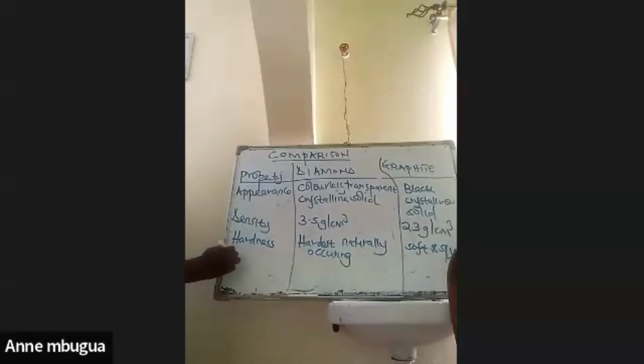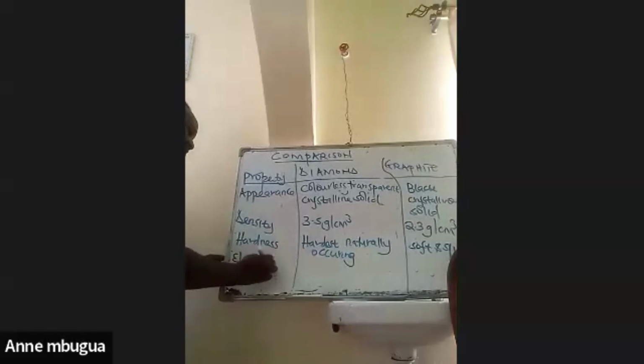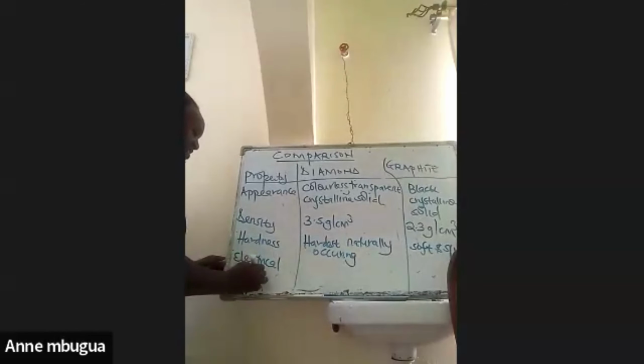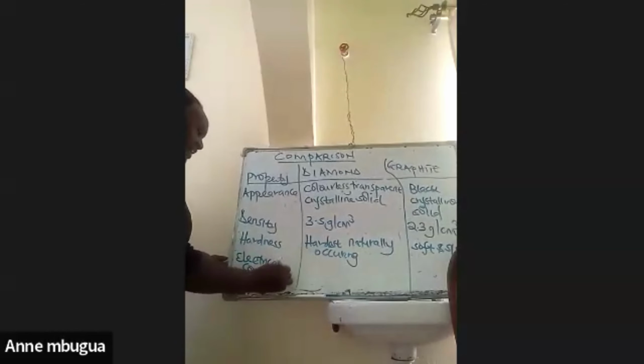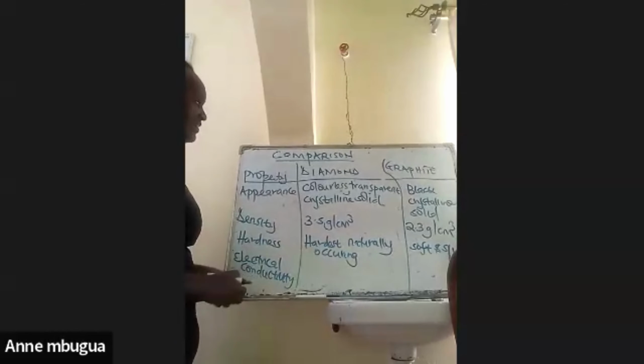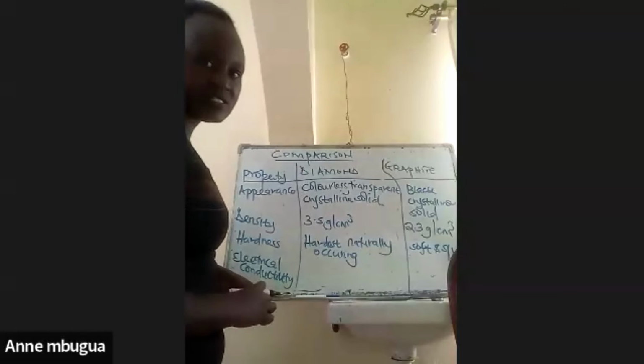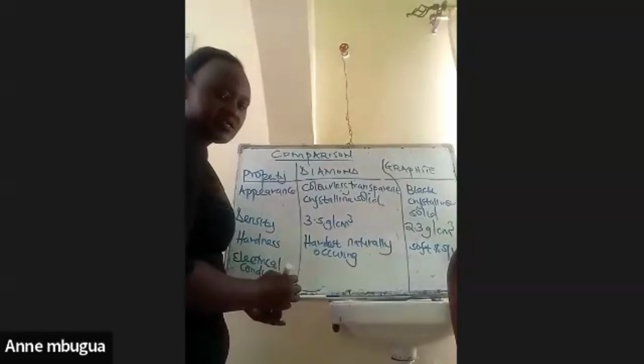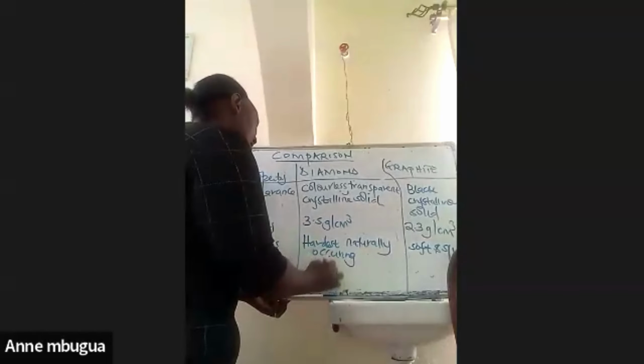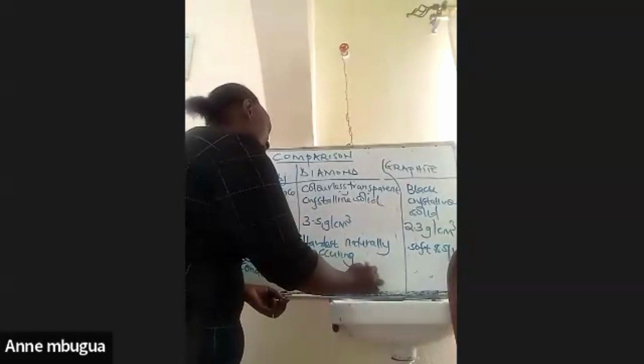Electrical conductivity is the other physical property that we have highlighted. With diamond, all the 4 valency electrons are used, and for this reason, it is a non-conductor.